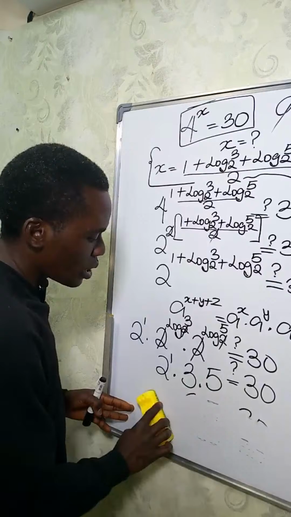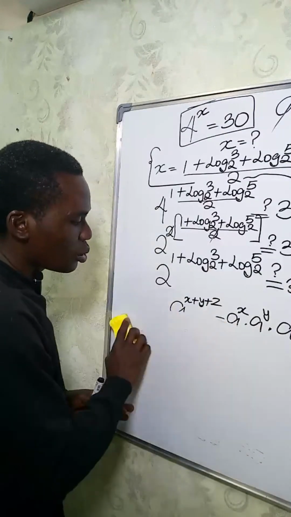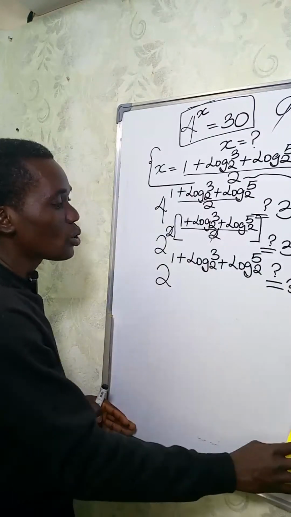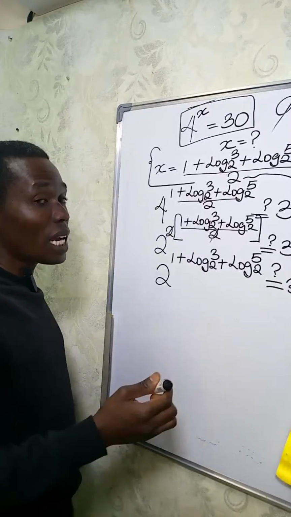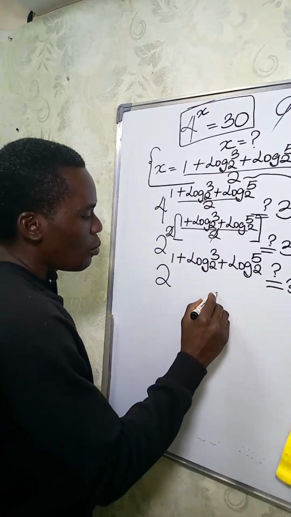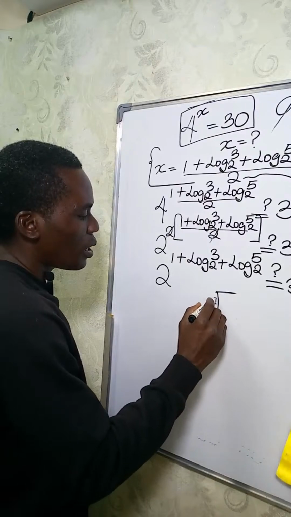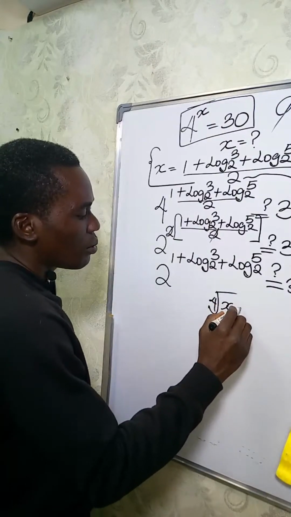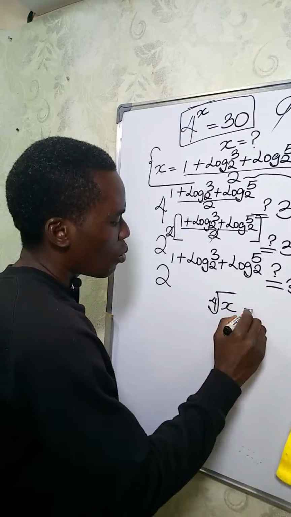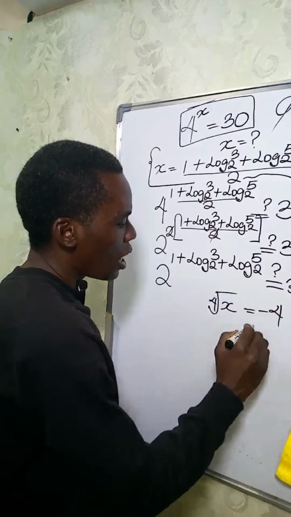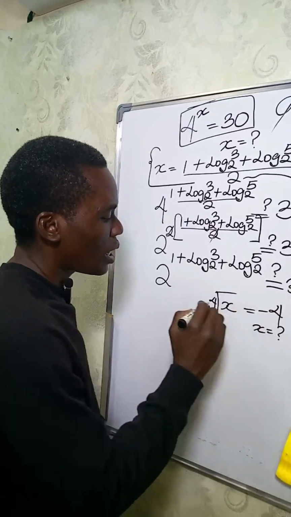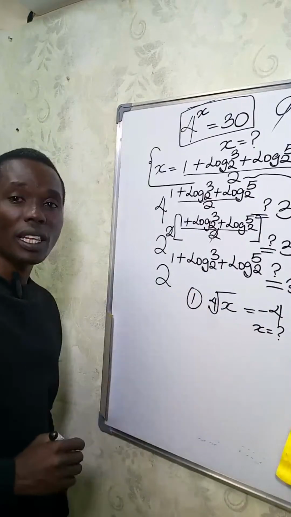What are those questions? We isolated 3 questions. 1, we looked at a question that if you have the 4th root of x equal to -4, and you are asked to find the value of x. That's the first question we analyzed.